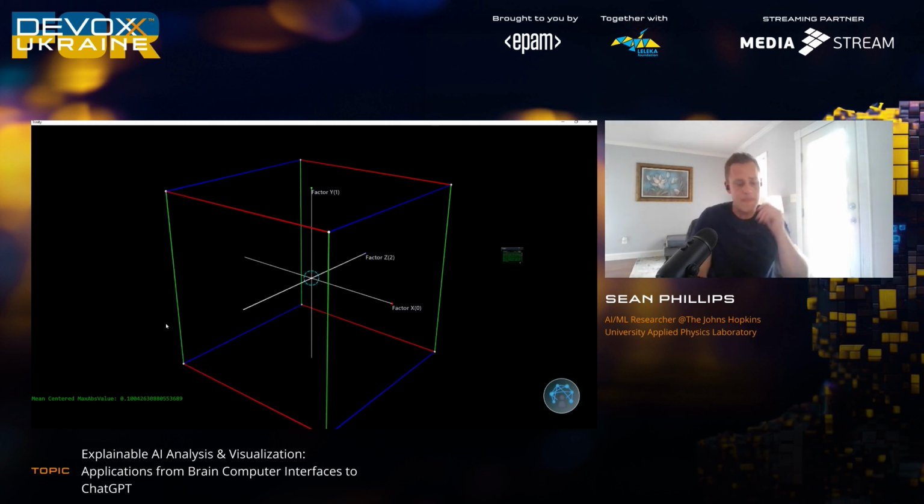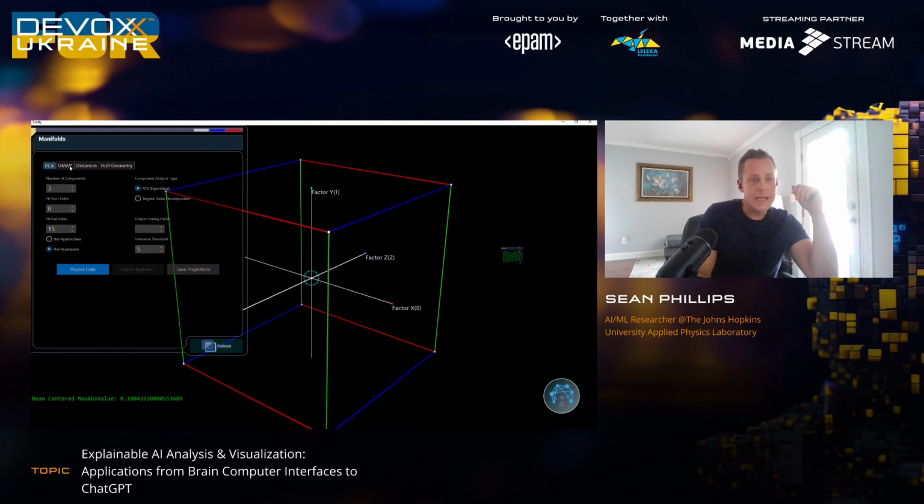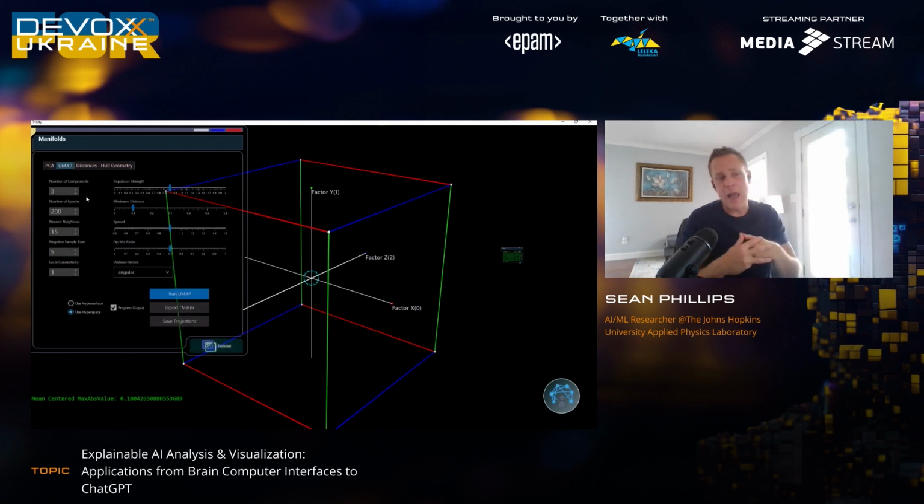So if we bring this up, I won't go through explaining UMAP again. You already saw it, right? This time, though, I'm going to punch in some numbers that I've prepared. My goal here is to get a configuration of UMAP.